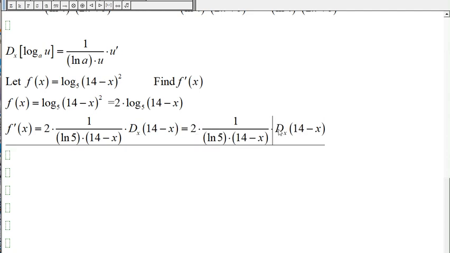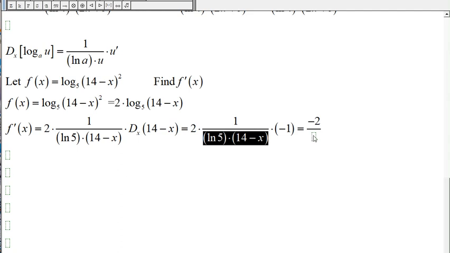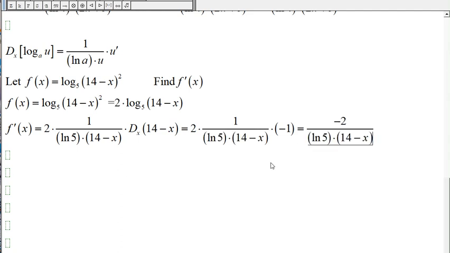The derivative of 14 minus x is just negative 1. And so for the final answer, we have negative 2, since 2 times 1 times negative 1 is negative 2, divided by ln 5 times 14 minus x.